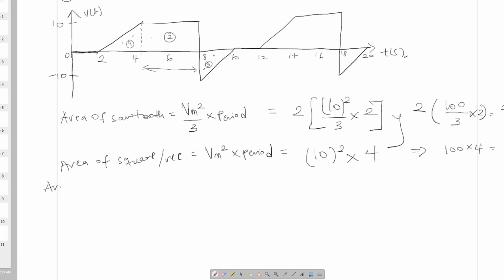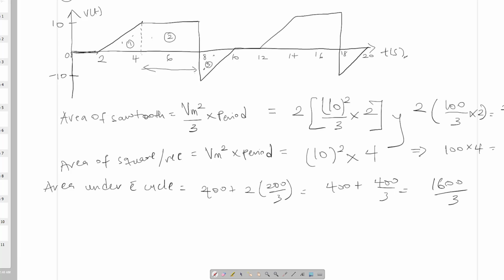So the area under the cycle should be 400 plus 2 times 200 all over 3, which is the same as 400 plus 400 over 3, and this gives us 1600 over 3. So this is the area for the full cycle.